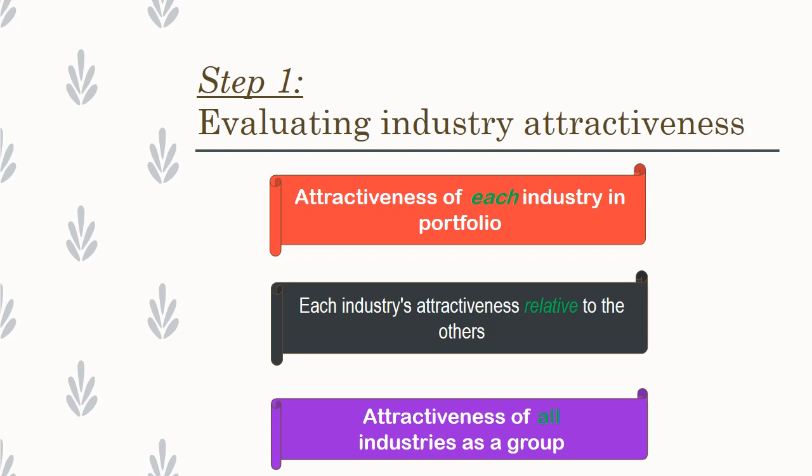Such evaluation should focus on the following factors: the attractiveness of all industries relevant to the company's business to determine each industry's prospect for growth and profitability, competitive conditions, market opportunity, and the extent of matching company capability with industry technology or resource requirements; each industry's attractiveness relative to the others in order to estimate the ranking of the industries from most attractive to least attractive; and the attractiveness of all industries as a group to determine how appealing the mix of industries is.